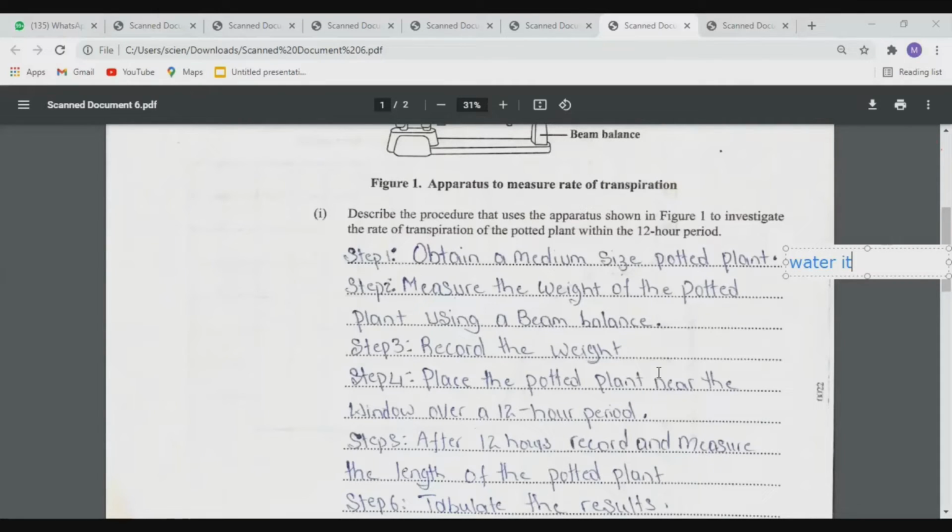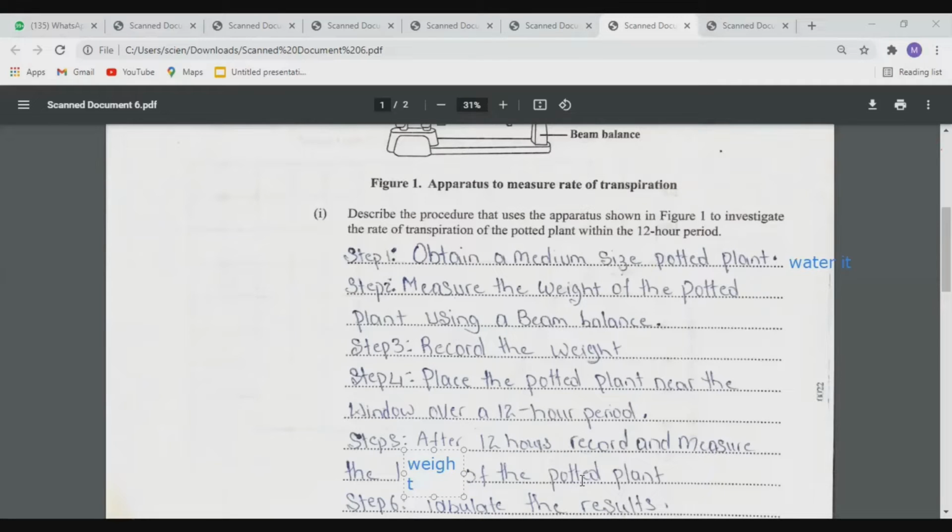Step 4, place the potted plant near the window over a 12-hour period, and that information was given. Step 5, after 12 hours, record and measure. So I have length here, but it should be weight. So record and measure the weight of the potted plant. So this would be the after weight. So after the 12 hours, this would be the weight. That's what we need to measure.